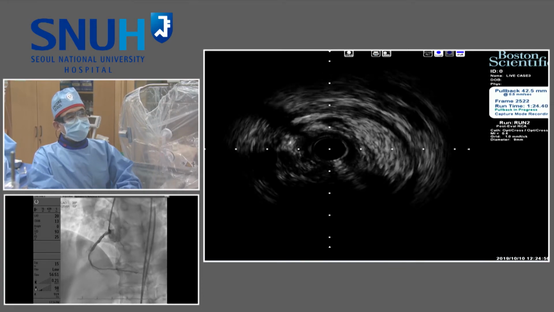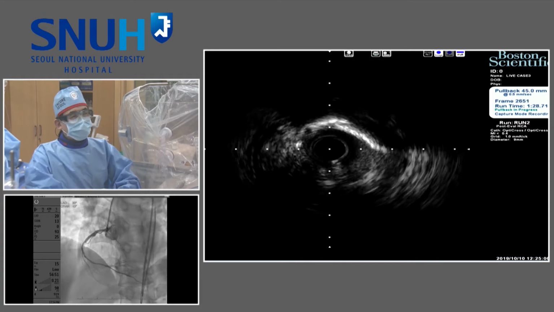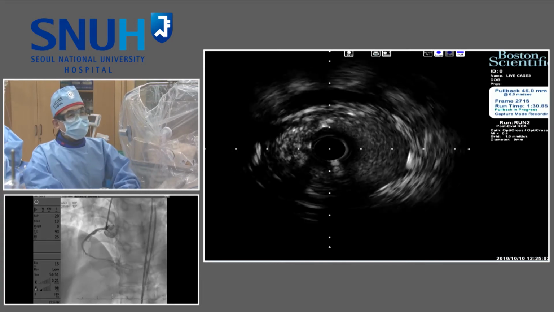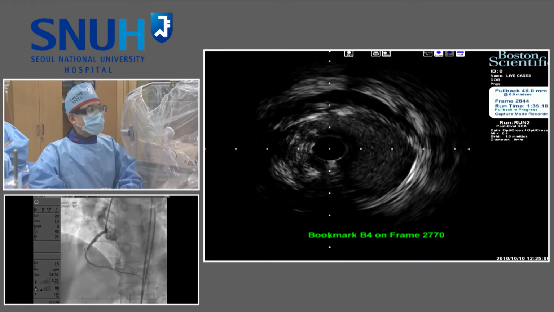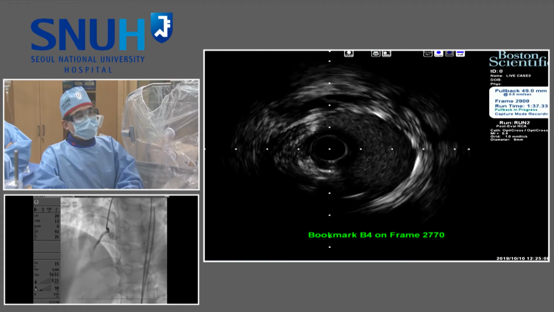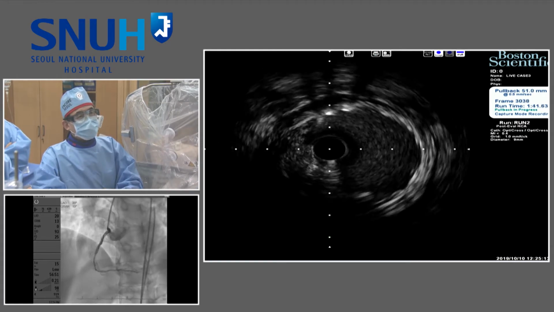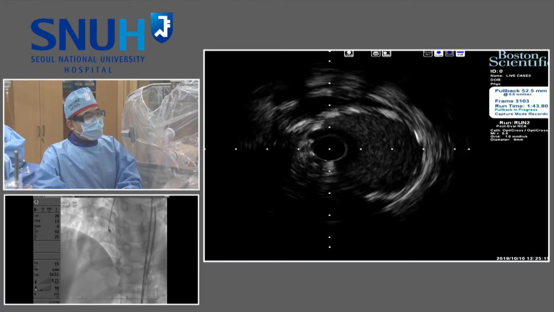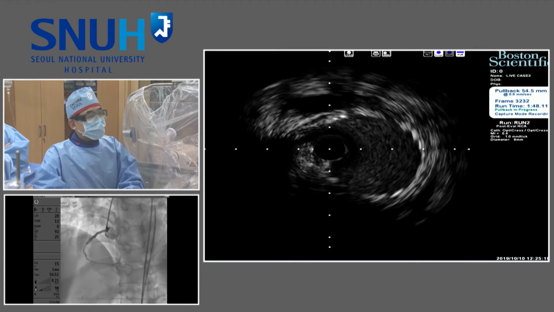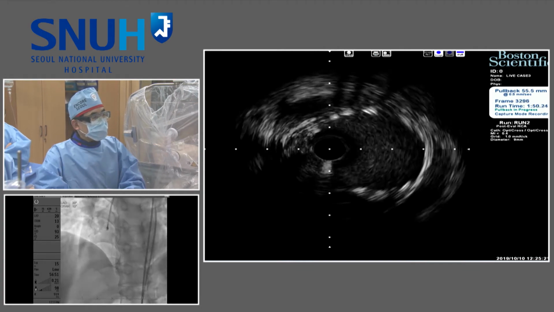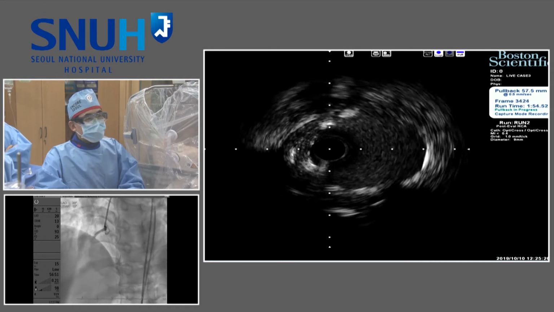I totally agree with Dr. Hong. The RCA is a conduit. It's not tapering. But the atherosclerotic plaque is not consistent in the whole artery. So that's why the distal part is much smaller. When you look at the IVUS distal part, it is a full vessel with a lot of plaque burden, but just distal to the stent segment, there is still hematoma and some dissection.